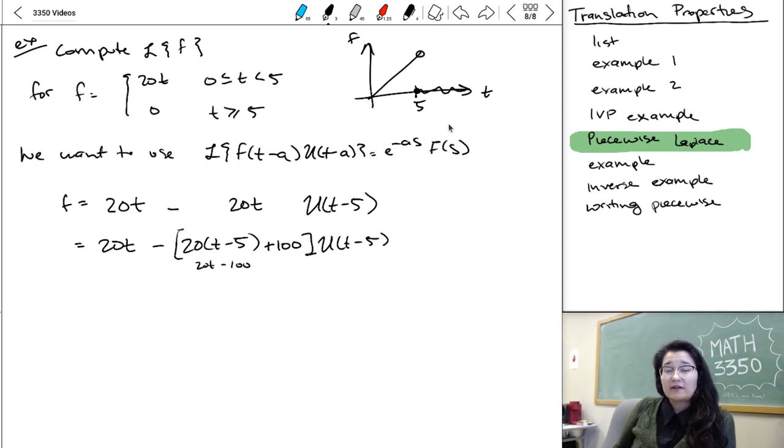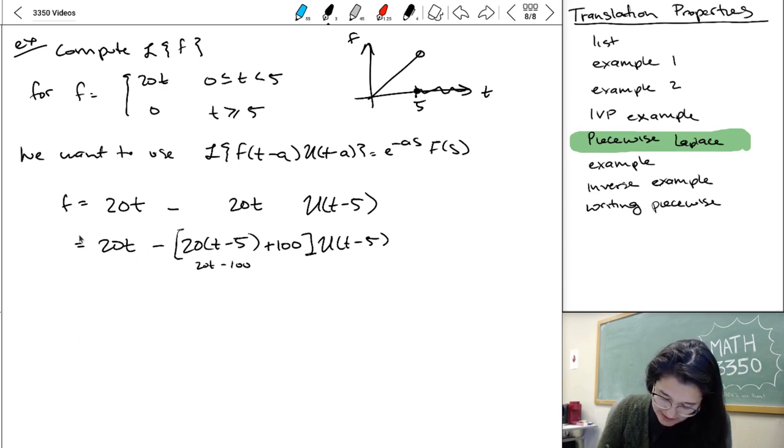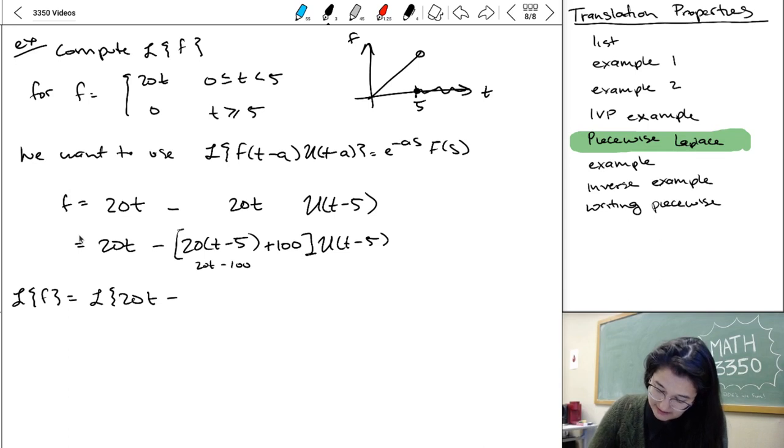Now this is a function that I can take a Laplace transform of. It's piecewise, but it uses u's, so everything's represented in one line. It looks like my property, f of t minus a, u of t minus a, and I can apply linearity to take care of the first part. So let's go ahead and try that. L of f is going to be L of 20t minus that 20 times t minus 5 plus 100 u of t minus 5.